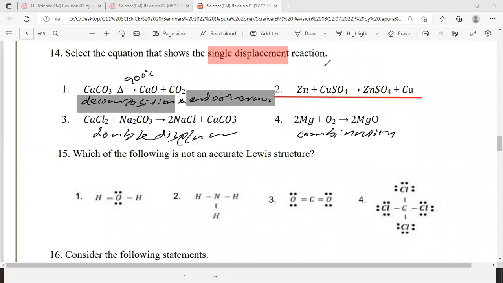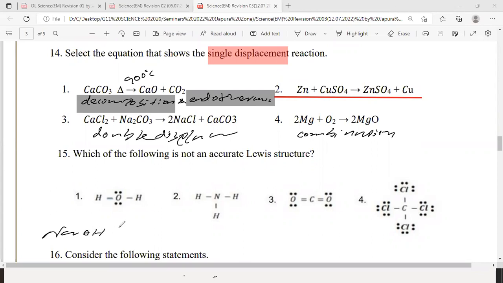I'll give one example. Sodium hydroxide reacts with HCl. Acid and base react, forming salt and water. So that is a neutralization reaction as well as an exothermic reaction. If you want, you can copy this down.